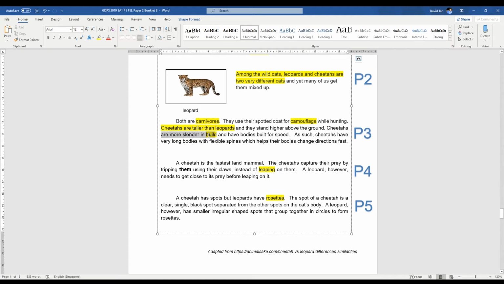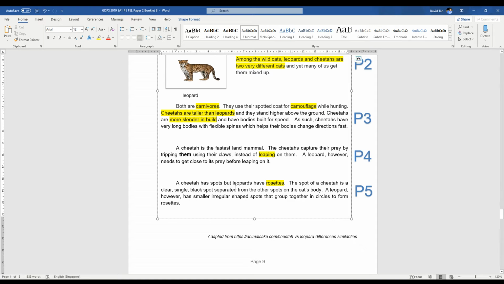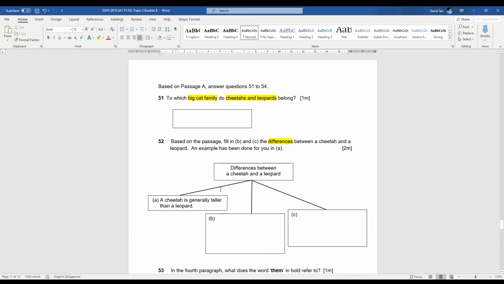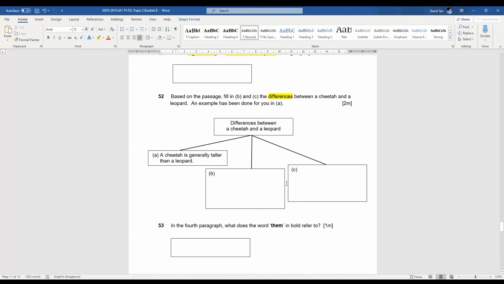So already I have two differences here. Cheetahs are taller than leopards and they are more slender in build. Okay, this would be maybe an answer that I can write. So now I need you to continue to paragraph 4, paragraph 5 to find other differences between cheetahs and leopards. Okay, again, you can pause the video so you can complete this question.